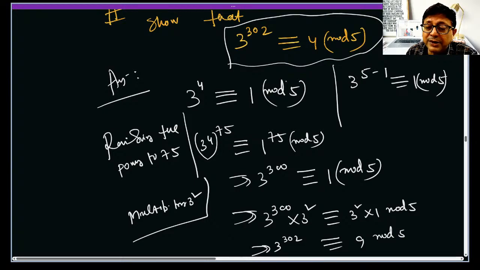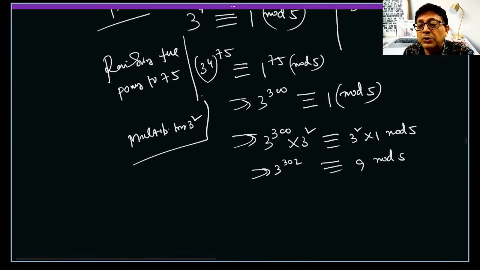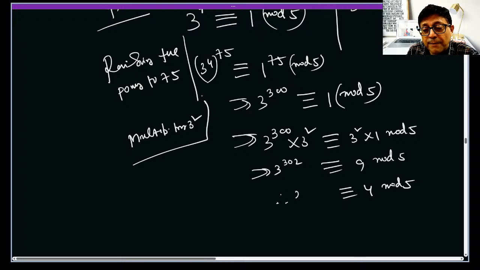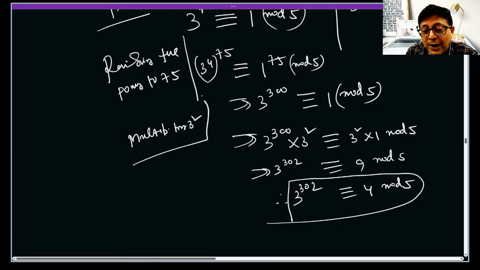Dividing by 5 you will say 9 is the remainder. No. So what you will do here? Divide 9 by 5 again. So this is congruent with 4 mod 5. So 3 to the power 302 will be congruent with 4 mod 5. If you divide by 5, remainder is 4 over there.